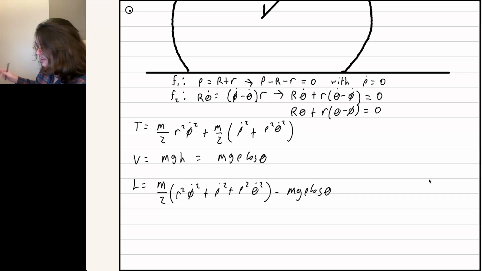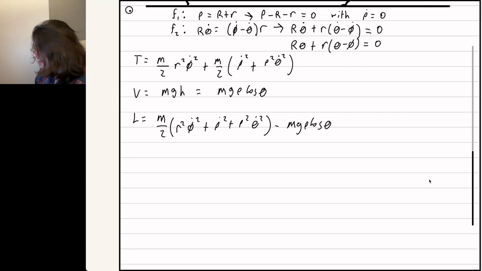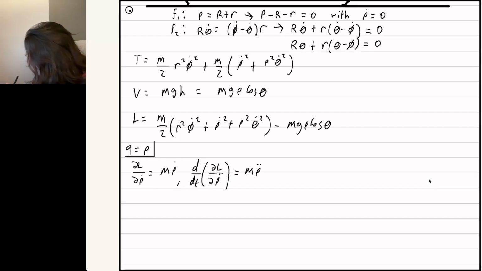Now we need to solve the Euler-Lagrange equation for each coordinate independently. We'll start with rho. Q equals rho. So del L del rho dot is just m rho dot, the time derivative of which will be m rho 2 dots.